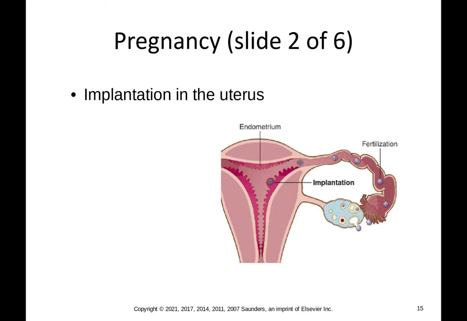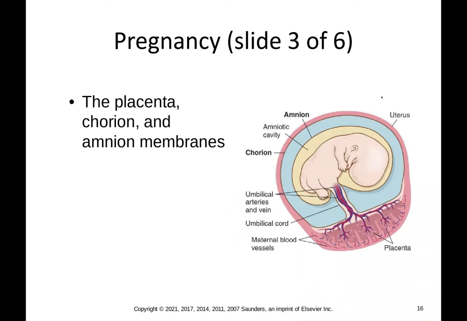So here you see the egg or the ovum being released from the ovary down, making its way through the fallopian tube. Fertilization occurs here, and then when it gets down to the uterus, it implants into the endometrium. That is known as implantation.